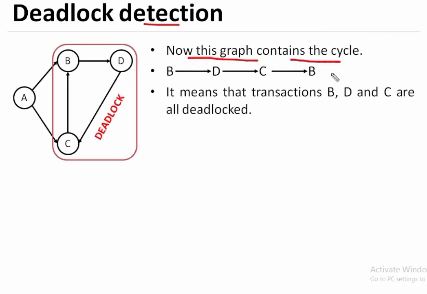Now this graph contains a cycle, and what is the cycle? Here C is requesting the resources of B, B is requesting the resources of D, and D is requesting the resource of C. So B, D, C, B. It started with transaction B and ended with transaction B. So it means that transactions B, D and C are deadlocked because there is a circular condition.